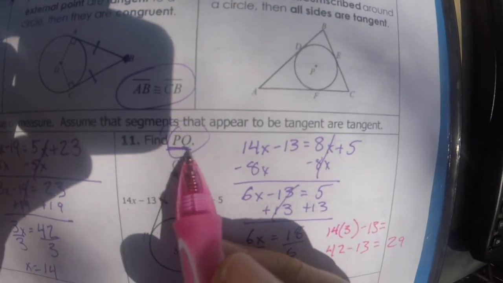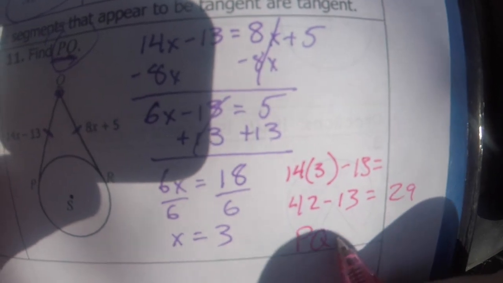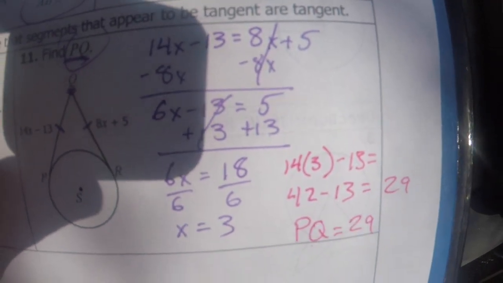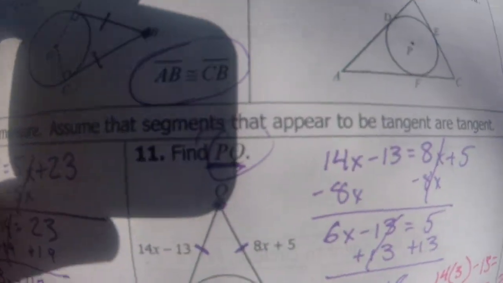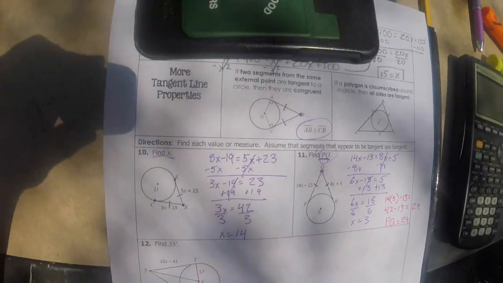So how long is PQ? PQ is 29. All right. Okie dokie.